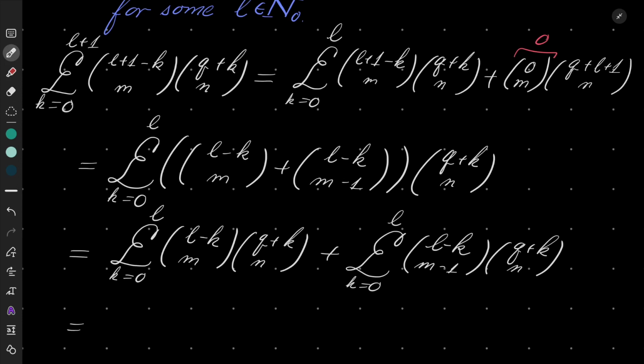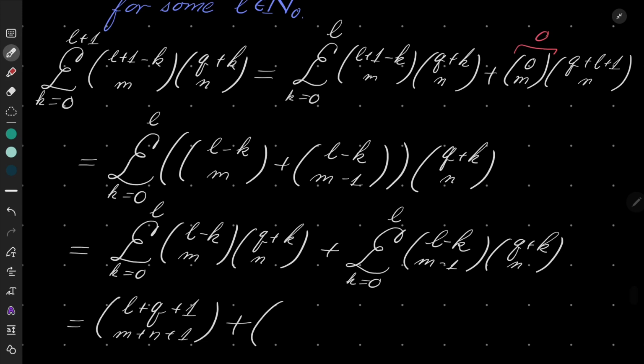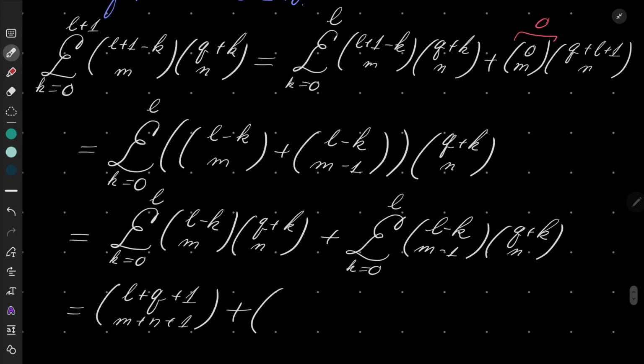So by our inductive hypothesis, the first sum can be replaced by L plus q plus 1 choose m plus n plus 1. And the second sum can be replaced by L plus q plus 1 choose m minus 1 plus n plus 1.